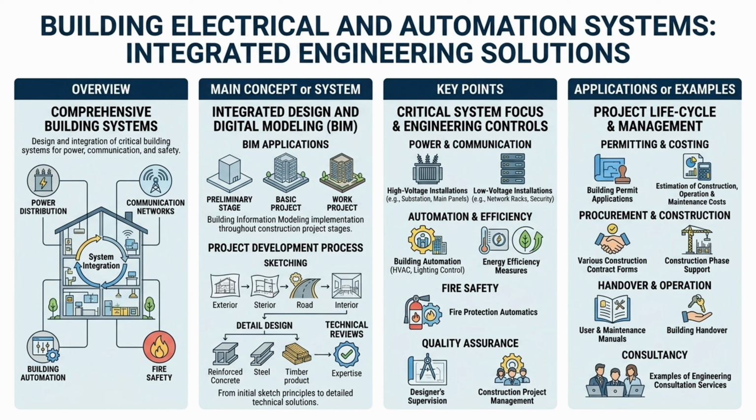Throughout procurement and construction, various contractual approaches are used, and support is provided during the construction phase. As the building nears completion, special attention is given to the handover and future operation, preparing user and maintenance manuals, ensuring the smooth transition to the building management teams.